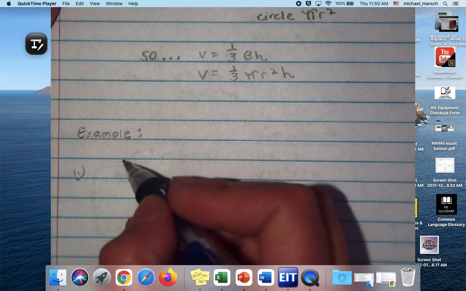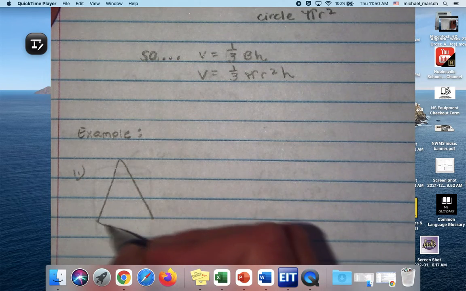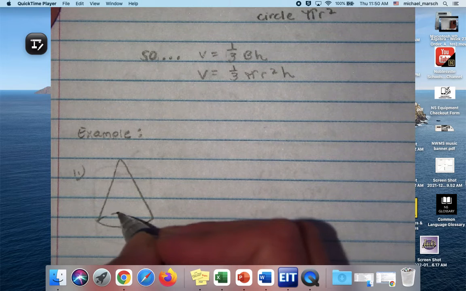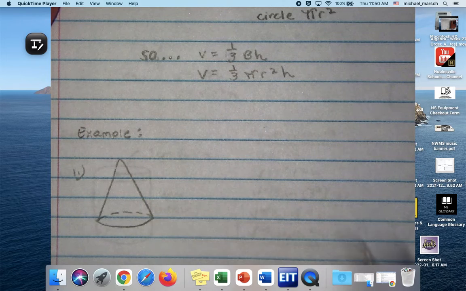So I'm going to draw the cone. I just start out with a triangle, and then I put a curved base, and then I have the three-dimensional dashed line back there.